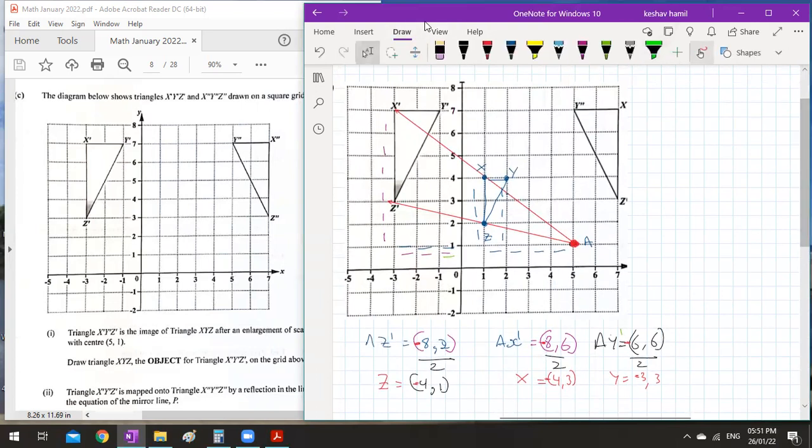Redraw the line that I had here, which should be red. And you would see that the triangle falls exactly on these lines. So therefore, you know that you have your correct positions.